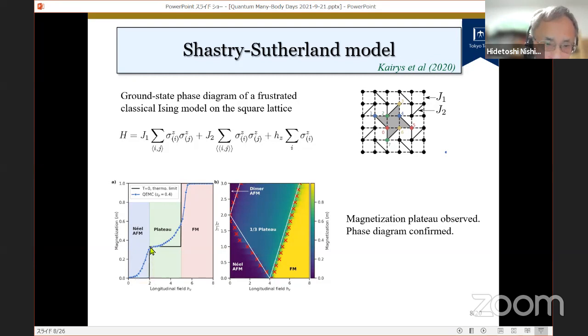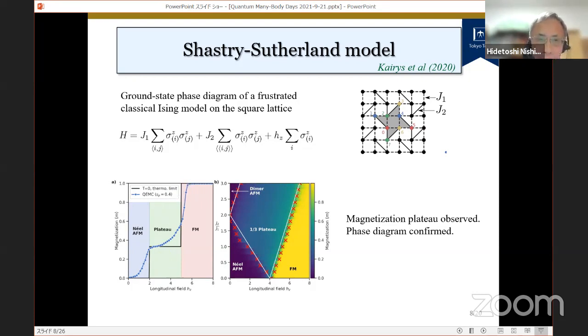And these black lines represent the theoretical prediction for the infinite size limit at 0 temperature. So for low magnetic field, the system is in the antiferromagnetic state. And for very strong external field, the system is in the ferromagnetic state. And for intermediate values of the field, the system is in the so-called plateau state, in which the magnetization is a third of the full value of the magnetization.